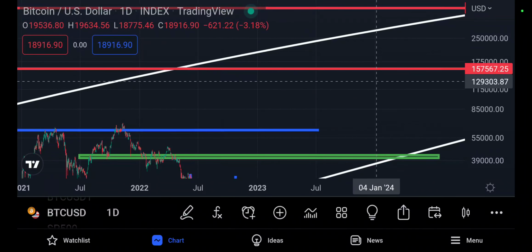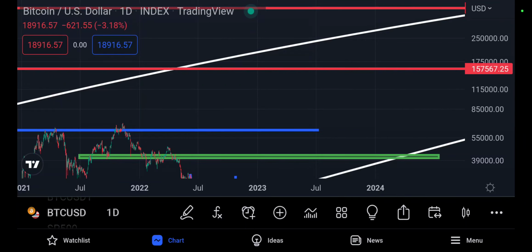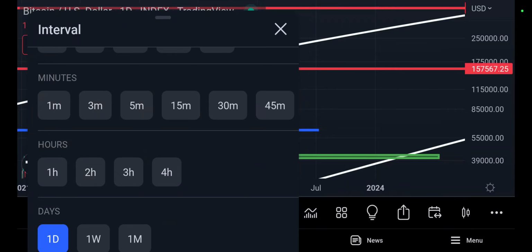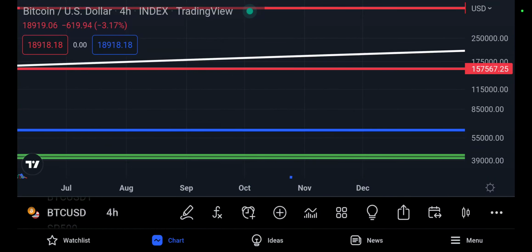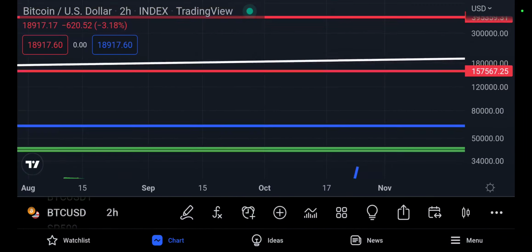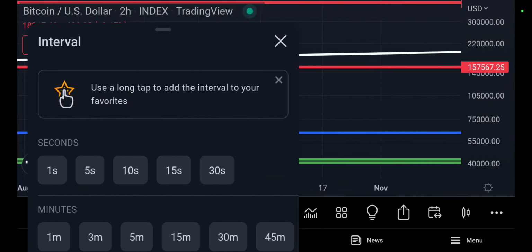And on this market cycle, I believe we could hit $160,000. I ain't saying it, but the charts are saying it. So we could finally get our $100,000 Bitcoin everybody's been looking for.